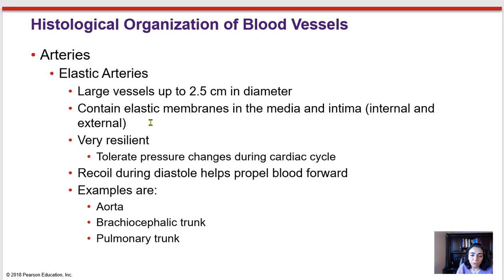So we talked about the elastic arteries, those are the ones that come out of the heart directly. First of all, for each one of these vessels that we're going to talk about, you need to know the examples. Like here, aorta, brachiocephalic trunk, pulmonary trunk, these are all elastic arteries.